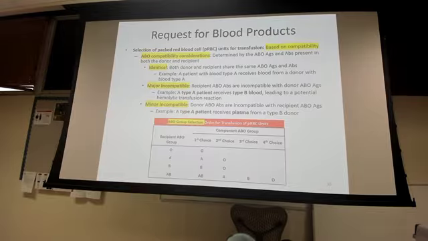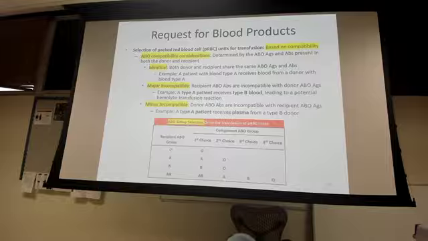All right, requesting for blood products. So ideally, the best blood product would be the one that matches your patient's blood, right? So if you have someone that has blood type A, you want to have A blood, but sometimes that's not possible, right? So you got to know the difference between those major incompatibilities and those minor incompatibilities, all right?